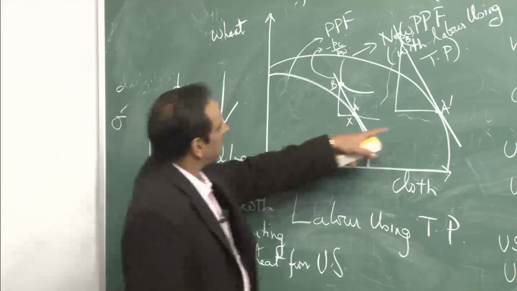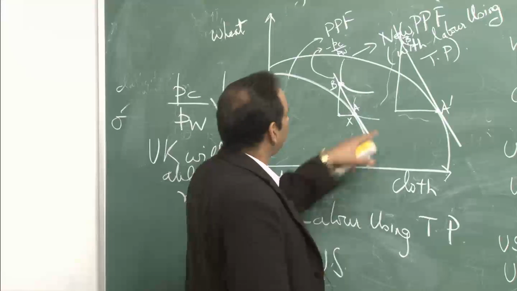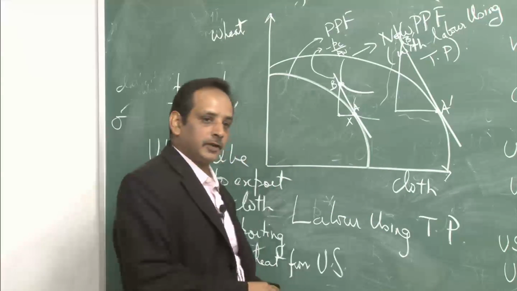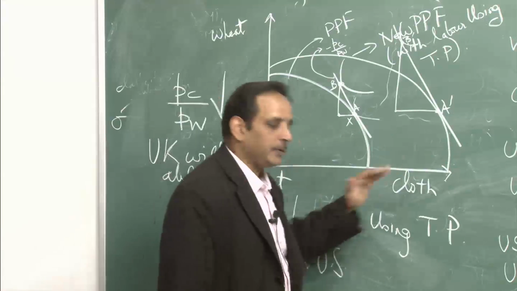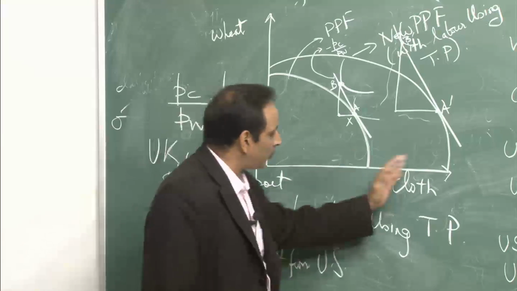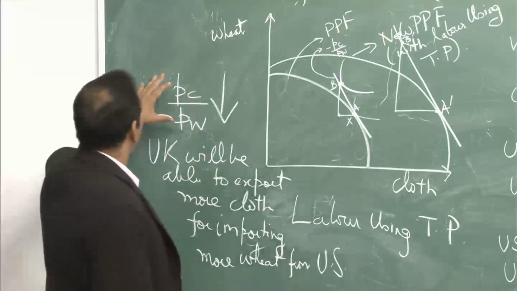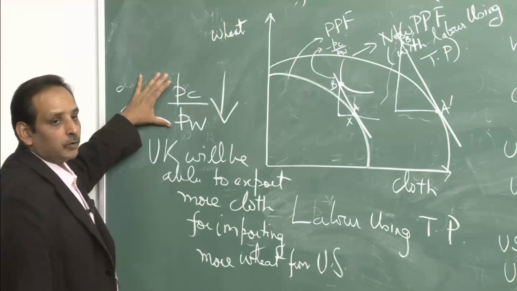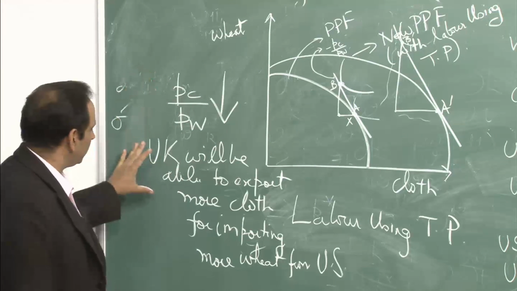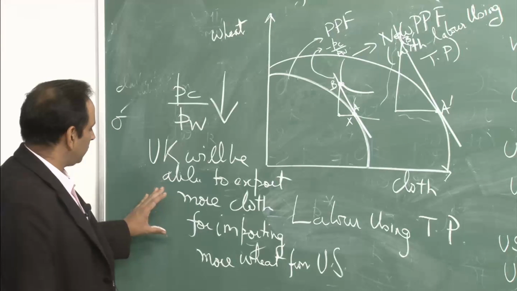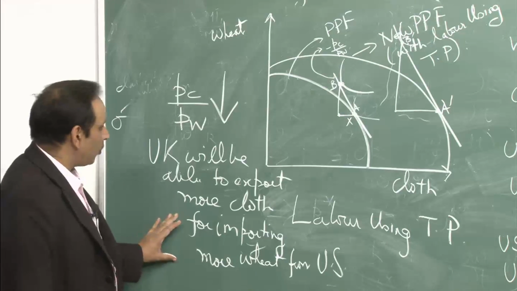So this result is not possible at the same prices if labor using technological progress has taken place and the PPF has shifted to the right and there is more production of cloth. It would lead to a decline in the price of cloth. So the terms of trade go down, and then only is it possible for the UK to export more of cloth and import more of wheat.